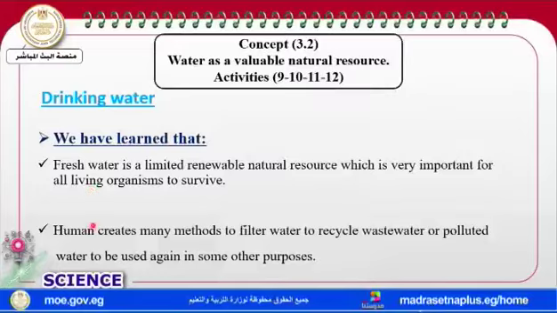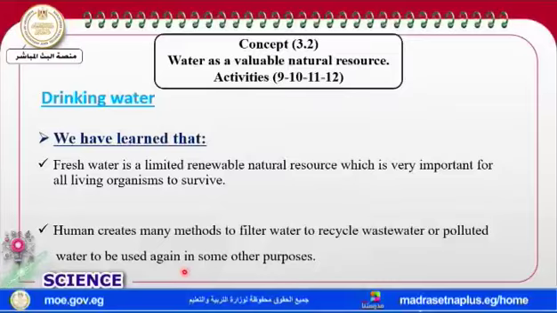Okay? You, my dear students, create many methods. These methods are used to filter the water. Why? To recycle the wastewater or the polluted water. Well, we pollute the water, so we must recycle it, and that's to be used again for some other purpose.